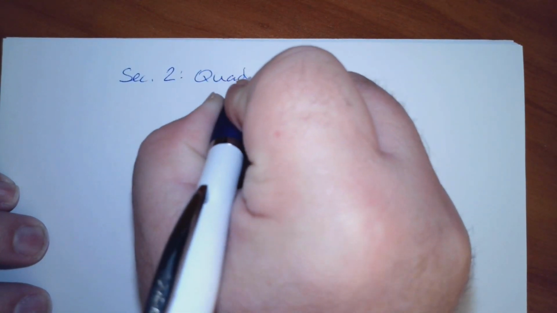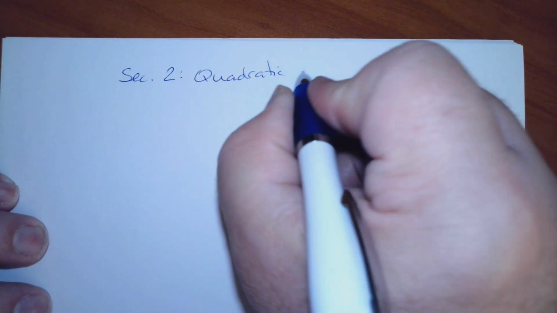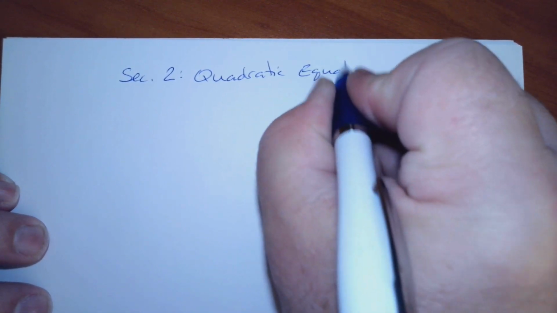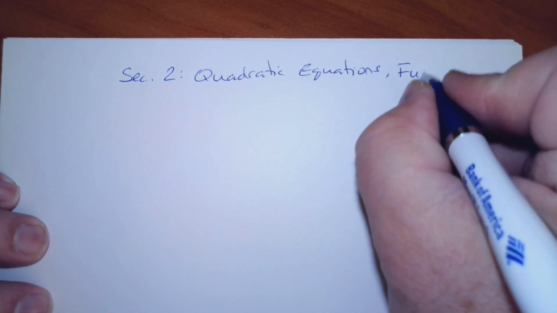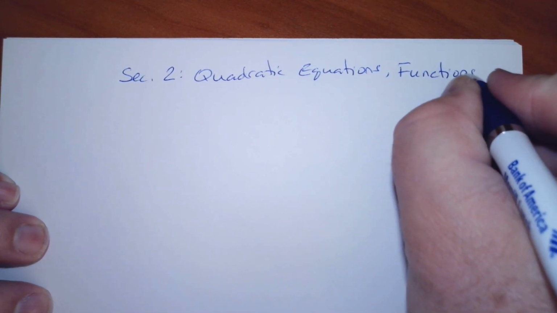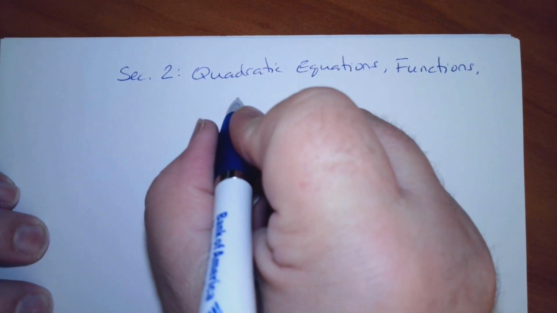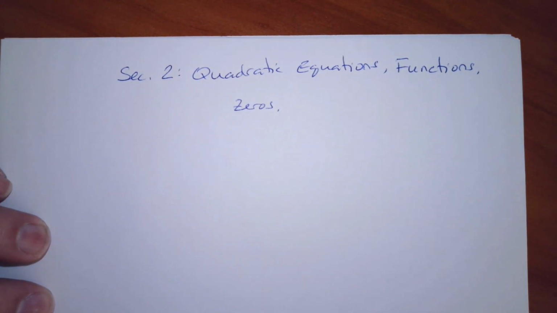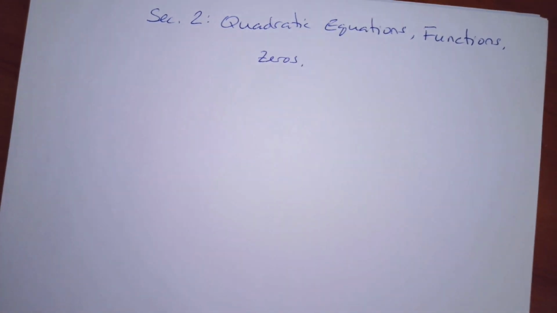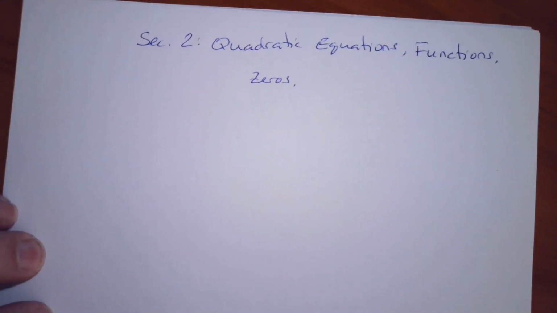Section 2. Quadratic equations. Functions, zeros, what were the other ones? Don't have to worry too much about models and zeros.